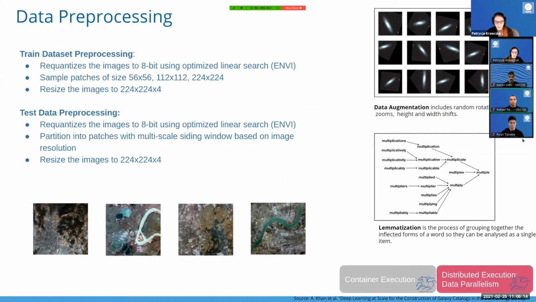In the data preprocessing, the researchers had to requantize the images and resize them, and with the help of Pegasus, this could have been done in parallel, taking the most of available resources.